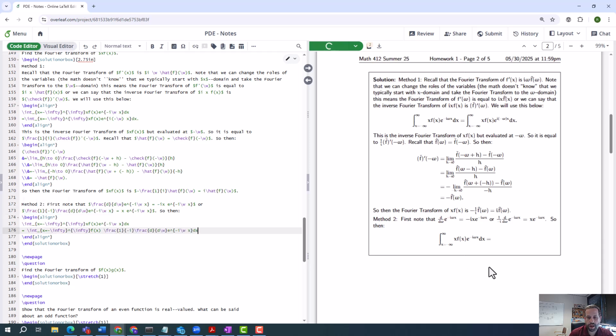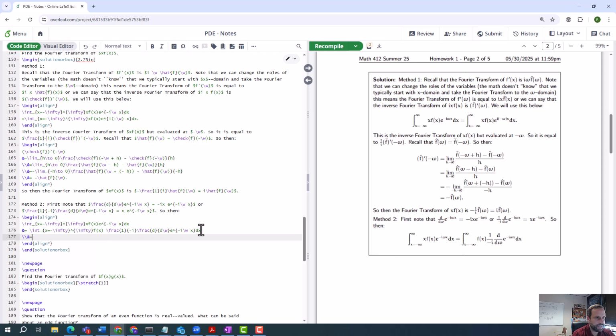We're going to notice that 1 over minus i is equal to i, because 1 over i is equal to minus i. So this is 1 over minus 1 times 1 over i. That's minus 1 times minus i, which is just i. So this is equal to i times basically this whole integral again, but I'm just going to pull out this.